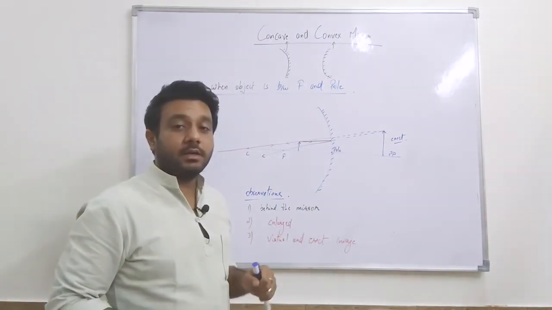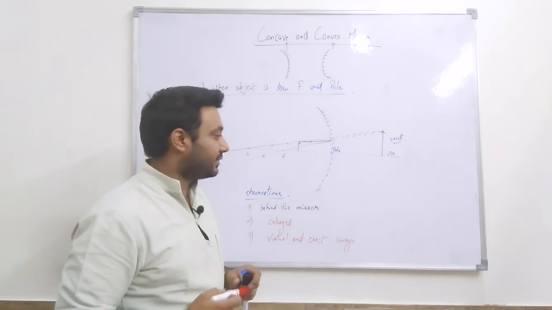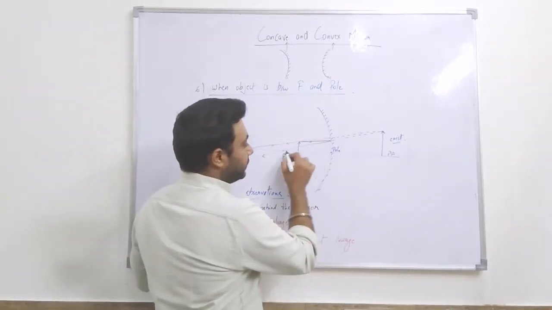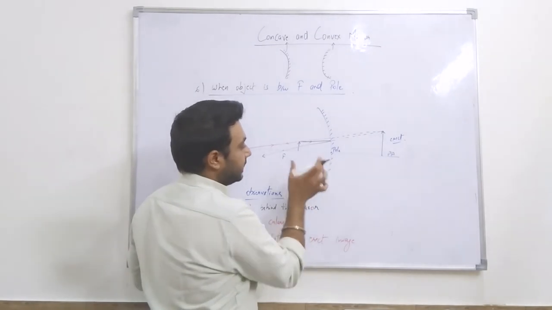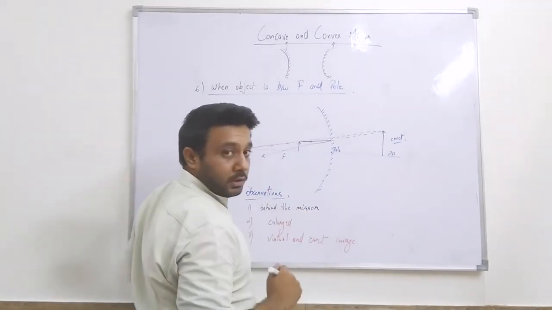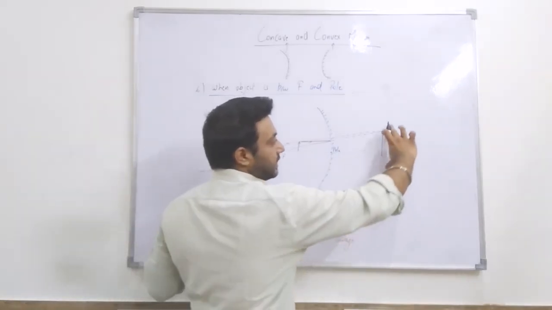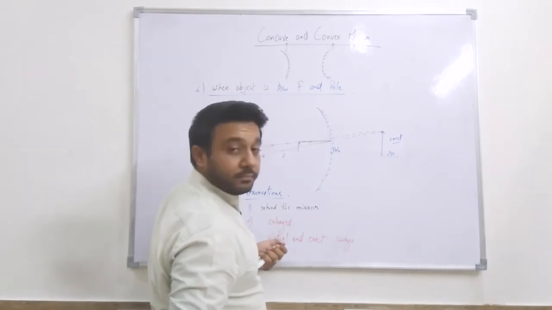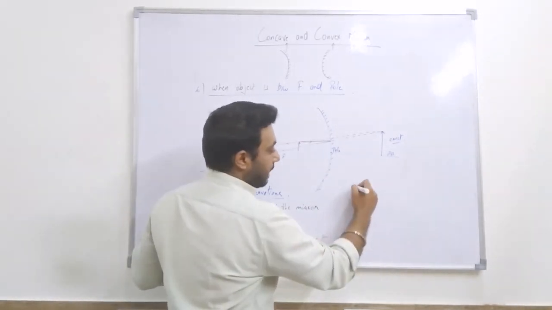This is the case used in beauty parlors, where to see the face, the object is placed between the focus and the pole, and an enlarged image of the face is seen in the mirror. Okay, this is used.